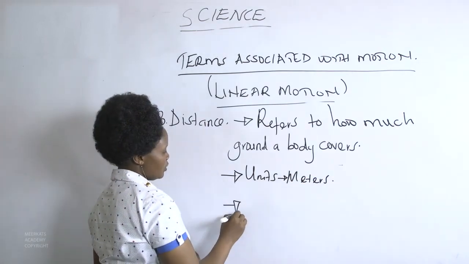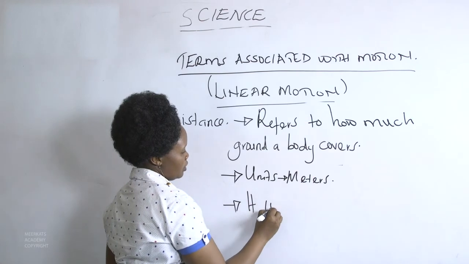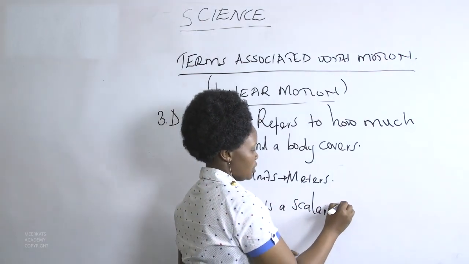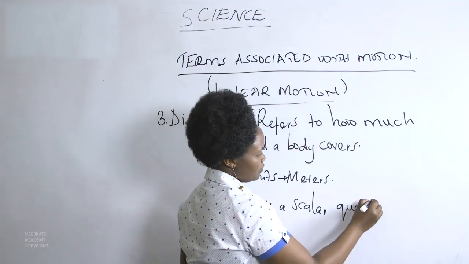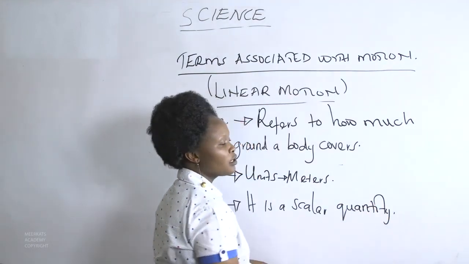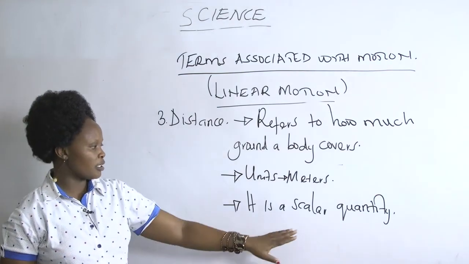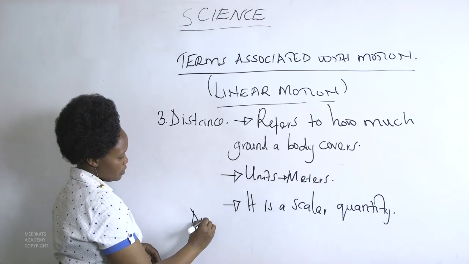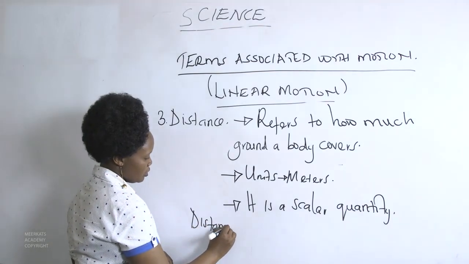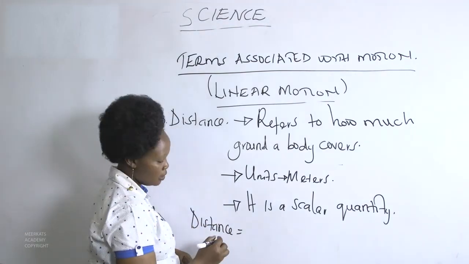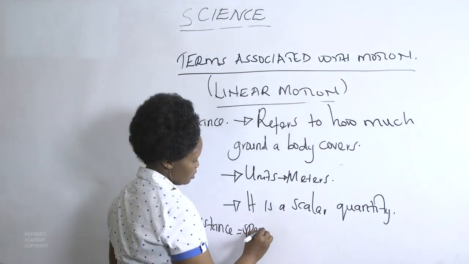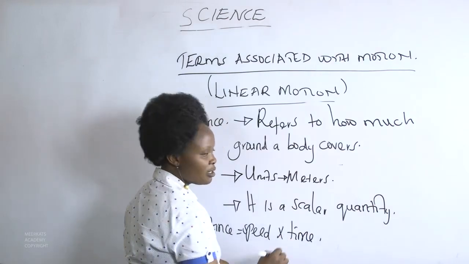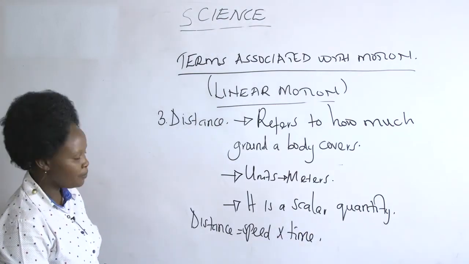In itself, it is a scalar quantity. Therefore, the direction here is immaterial, and numerically, distance is given by speed multiplied by time.